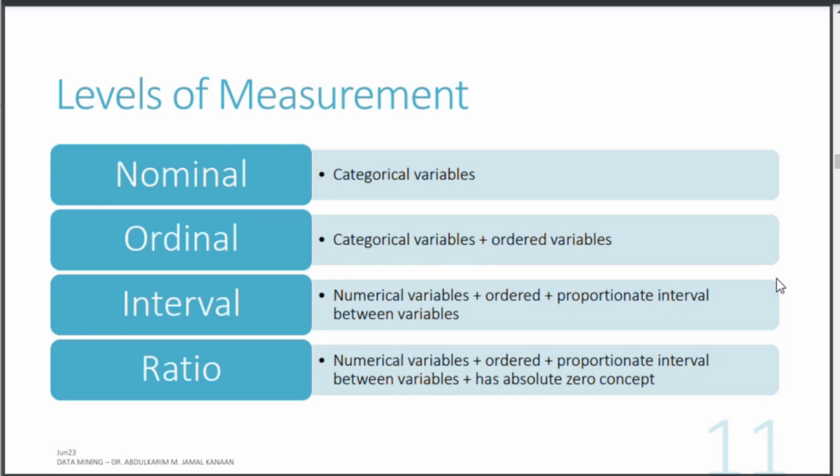Okay, so here is a summary for the levels of measurement. Just now we mentioned we have nominal, ordinal, interval, and ratio. So here is a summary. Nominal, categories. Ordinal, categories. You see, they share the same thing, yet ordinal has ordered variables. Interval and ratio are also sharing the same thing. They are numerical variables, ordered, with proportionate interval between variables.